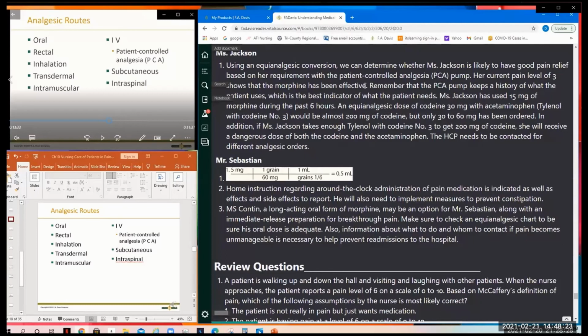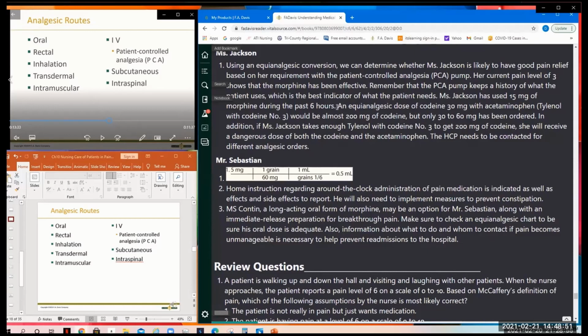Her current pain level of 3 shows that the morphine has been effective. Remember that the PCA pump keeps a history of what the patient uses, which is the best indicator of what the patient needs. Ms. Jackson has used 15 milligrams of morphine during the past 6 hours.